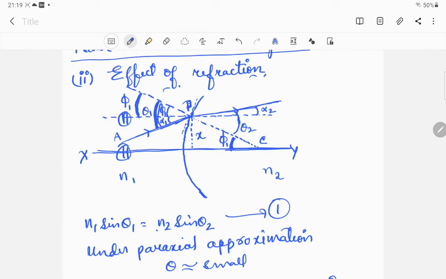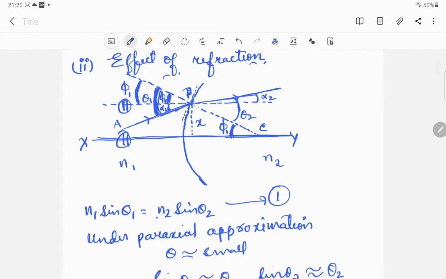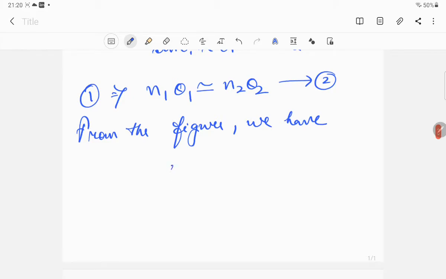So is it theta 1 equal to alpha 1 plus phi 1? In the diagram you can see theta 1 is nothing but alpha 1 plus phi 1. If you have the diagram with you, you can check it. So it is alpha 1 plus phi 1, or phi 1 plus alpha 1.